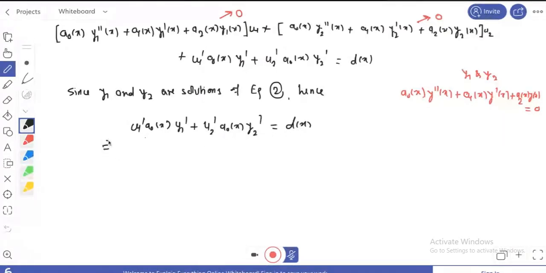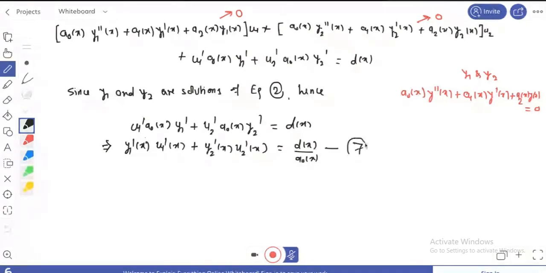Or we can rearrange: y1'(x) u1'(x) plus y2'(x) u2'(x), taking a0(x) common and dividing the right-hand side, equals d(x) over a0(x).